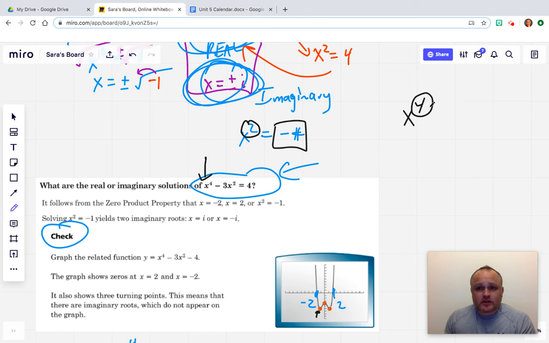If I subtract 1 from this, it could have 3 changes of direction. But you see, not all changes of direction have to go through the x-axis. These two came from the real, and this imaginary piece, change of direction, came from here because it never crossed the x-axis. Okay?